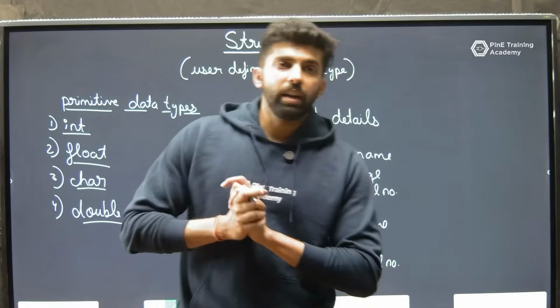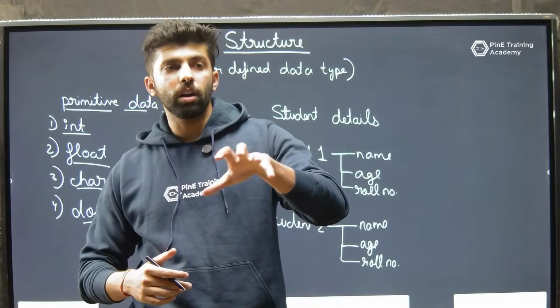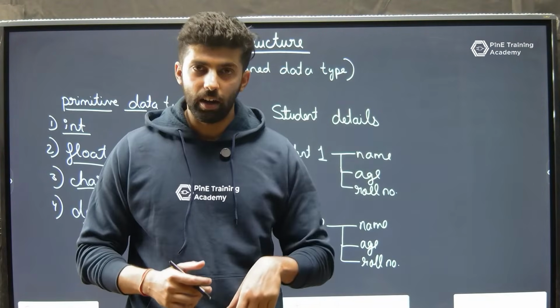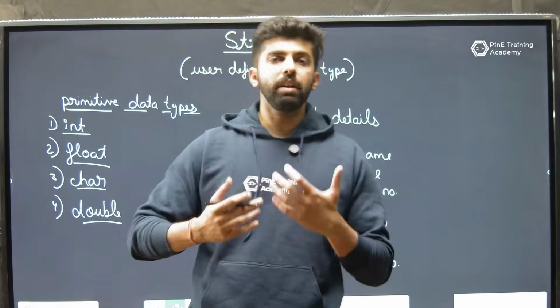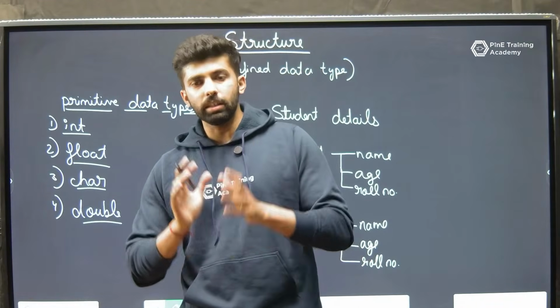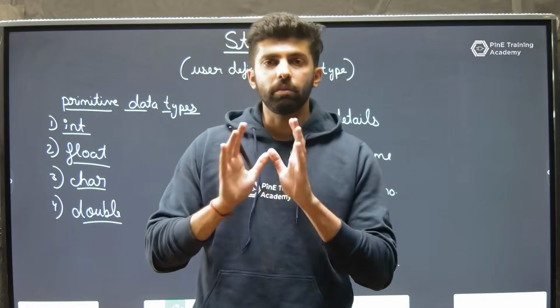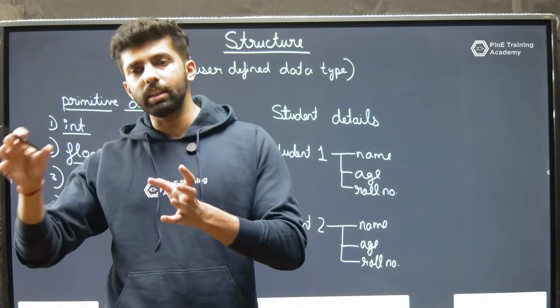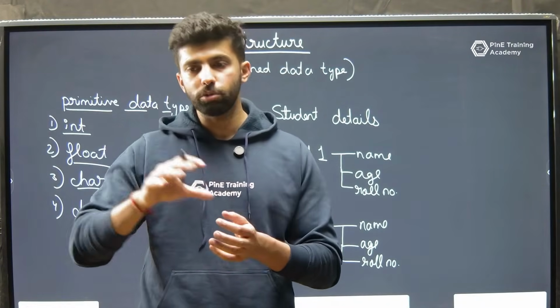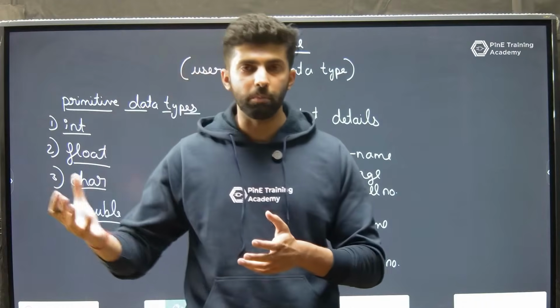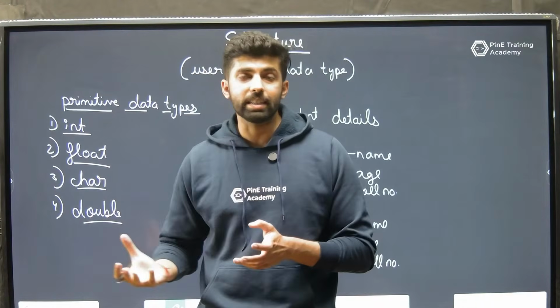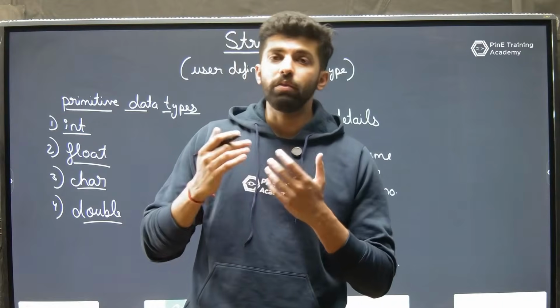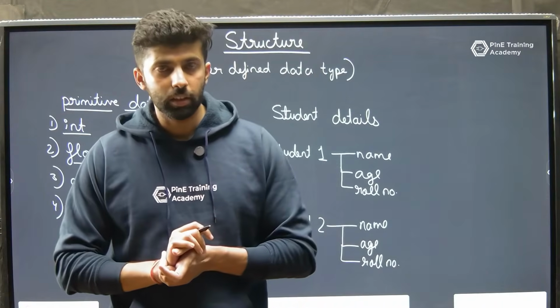Okay, we never say that okay your phone number is an integer format. In day to day life we never speak like that. We simply talk in terms of data. Okay, I want to store this particular kind of data. I want to store age, I want to store phone number, I want to store address. This is the kind of data we deal with in day to day life.